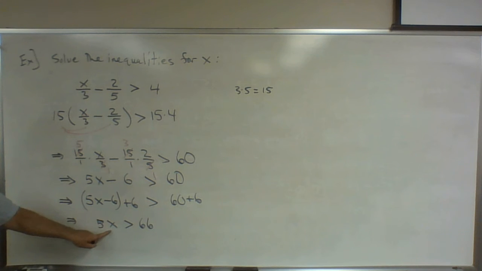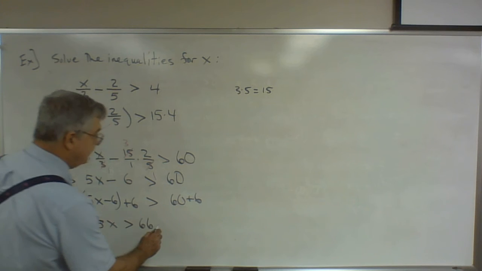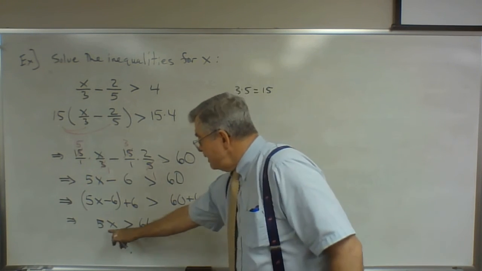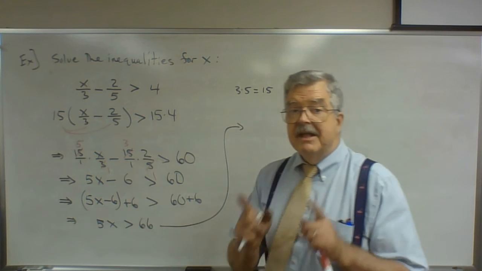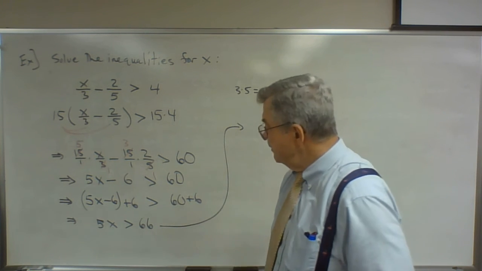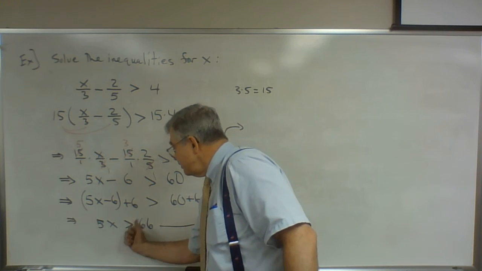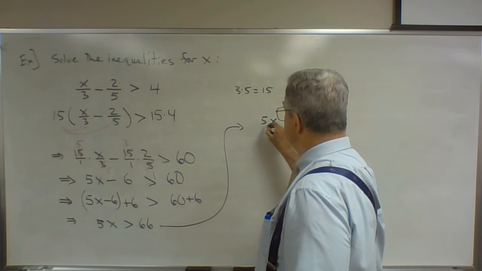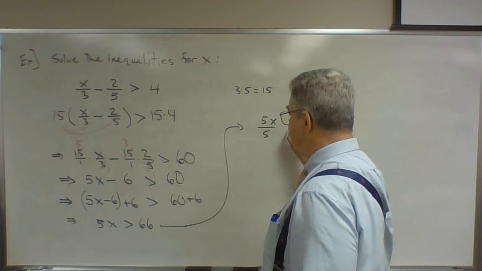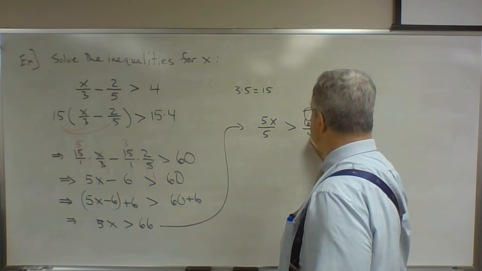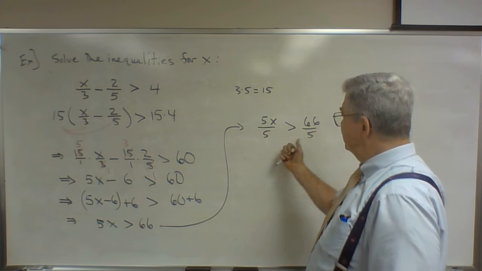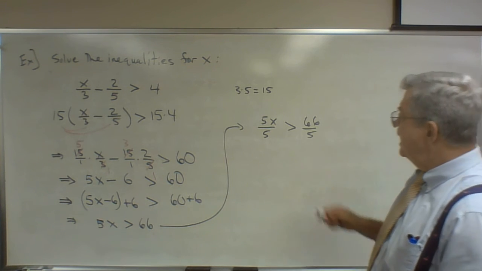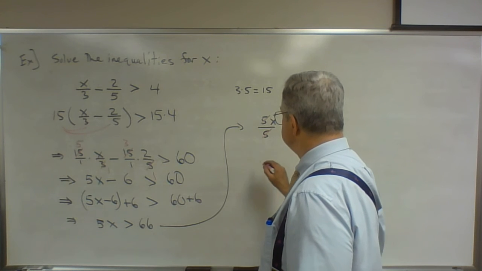And I want to get x by itself. So I'll divide both sides by 5. And since 5 is a positive number, this inequality will still continue to point in the original direction. I divide both sides by 5. The direction doesn't change because I divided by a positive number. And we do some canceling.